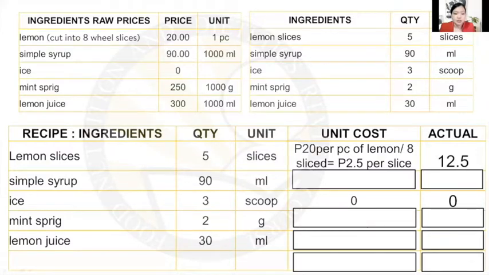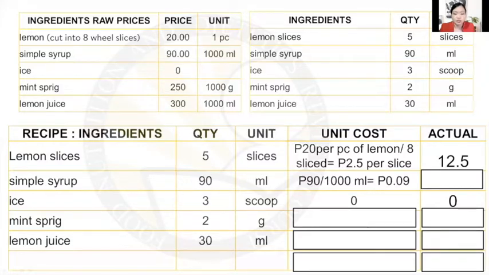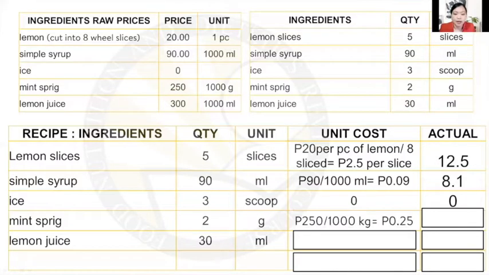For the simple syrup, it is 90 ml, with a unit cost of 0.09, times 90, that is 8.1. For the ice, that is 0. Then for the mint, 250 pesos divided by 1,000 grams will give us 0.25, times 2, it's 0.5.